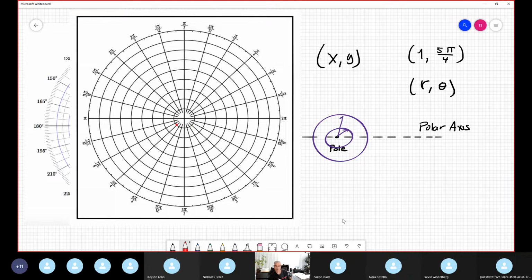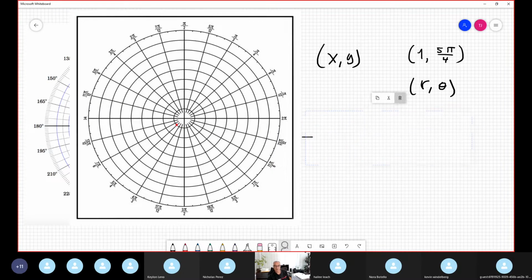Okay, suppose another scenario. Look. Let me erase that part. Suppose another scenario. Suppose a second point, which is the point in polar. We are talking about polar. 2, 3 pi. Remember, this is R, this is theta.